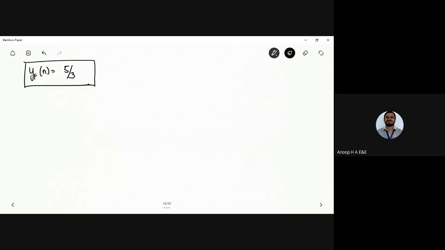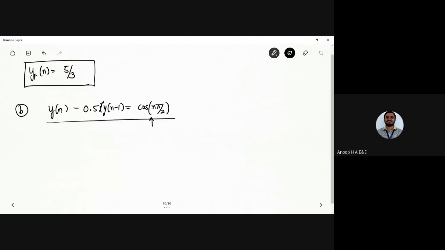The next problem I have here is y of n minus 0.5 times y of n minus 1 equal to cos of n pi by 2, that is cos of n omega. So the input is cos of n omega plus phi.